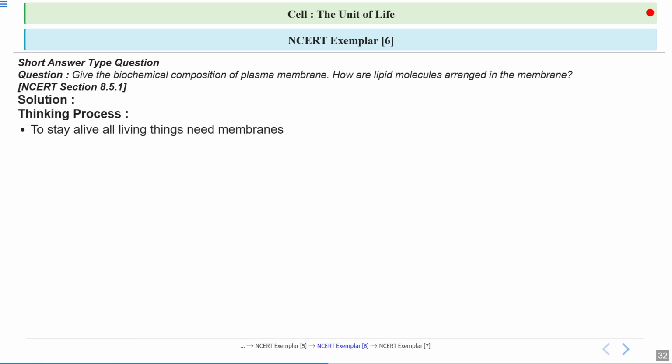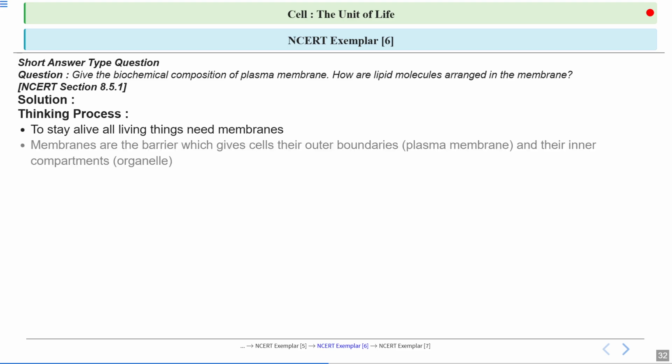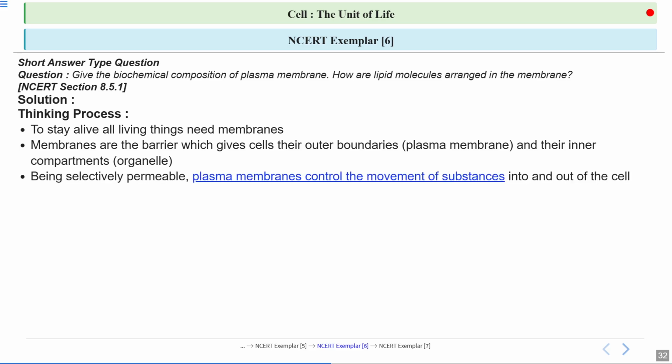To stay alive, all living things need membranes. Yes, every living organism has a particular membrane. So membranes are the barrier which give cells their outer boundaries, that is the plasma membrane, and their inner compartments, the organelles. You can see the organelles are also having compartments, like they are having the outer membrane.